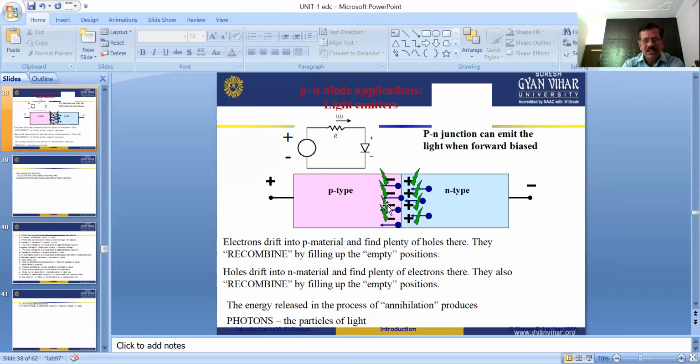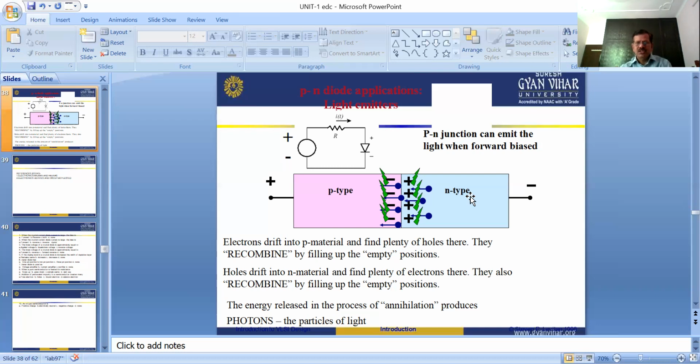So there is attraction. All positive charges are attracted to the negative terminal of the battery on the P side, while on the N side the majority electron charge carriers are attracted to the positive terminal of the battery. So there is attraction.